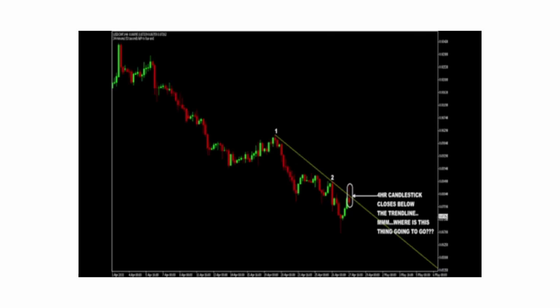Generally, a 1 hour close above or below a trend line has more significance than closes on any other time frame.